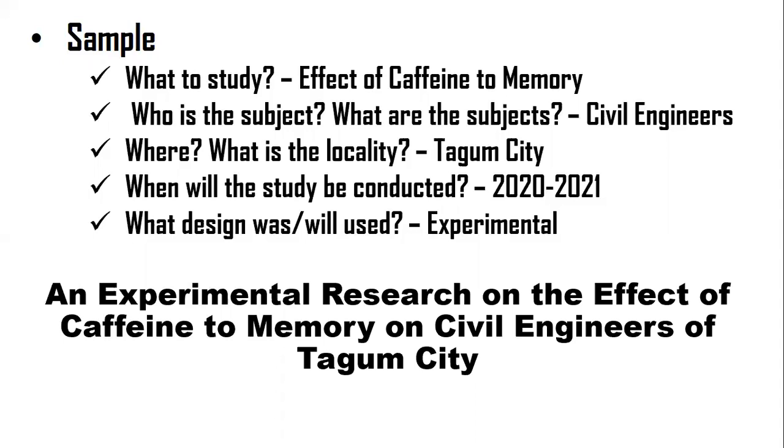So an experimental research, that is the design. On the effect of caffeine to memory, that is what to study or the topic of your study. On civil engineers are your subject of the study, and Tagum City is your locality or the location of the study. This is an experimental study.